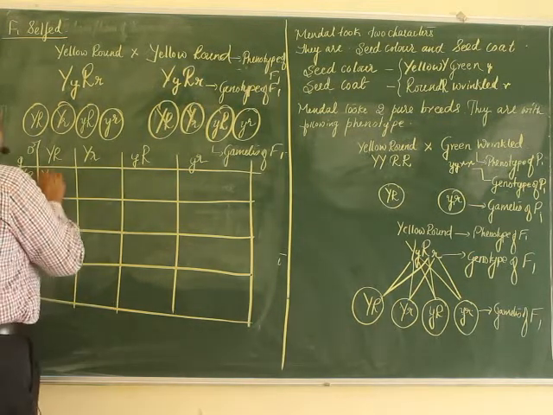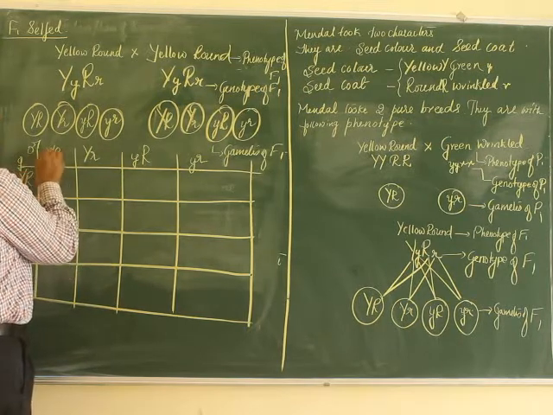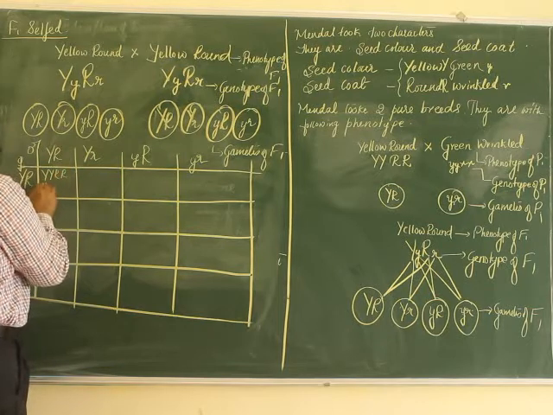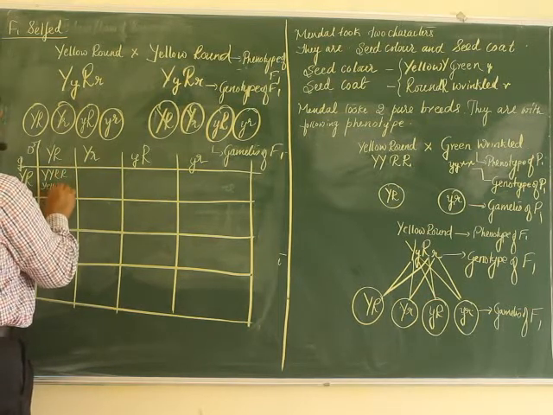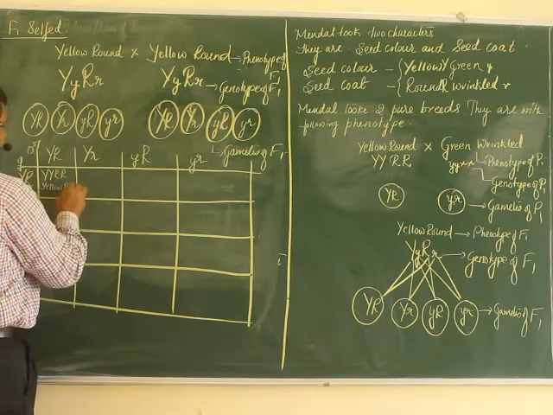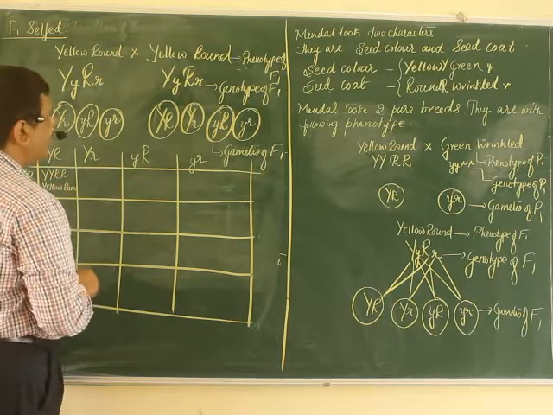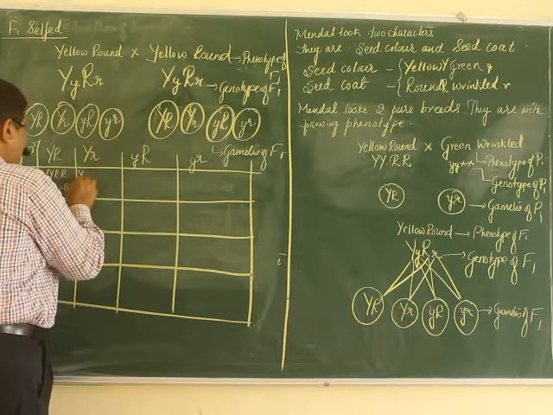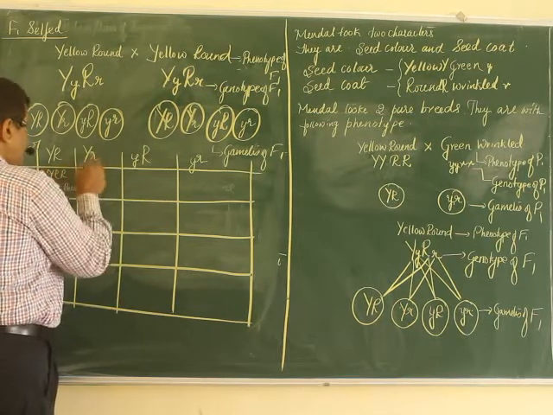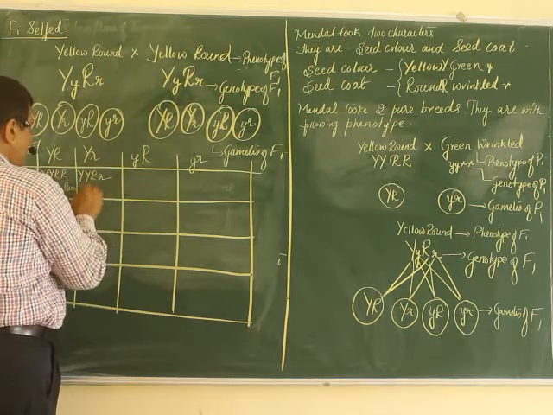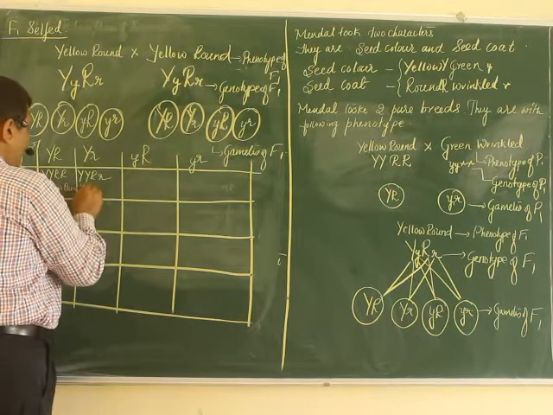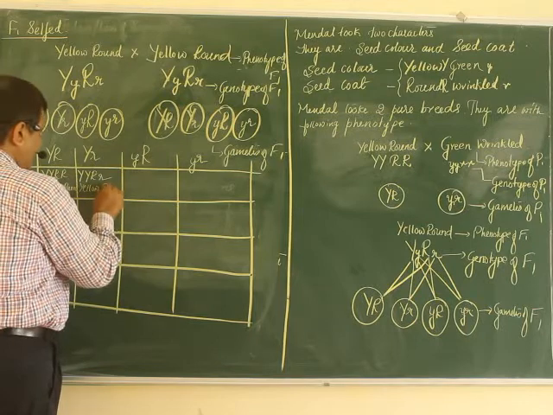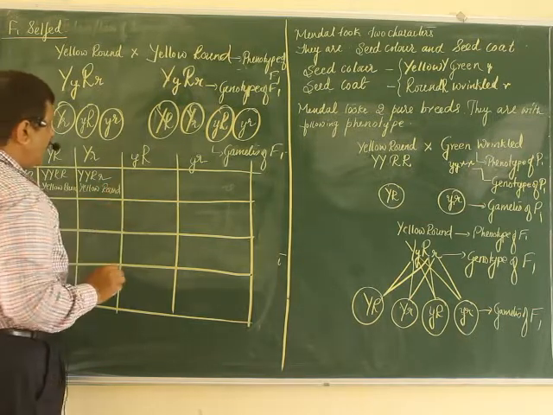So capital Y, capital Y, capital R, capital R: yellow round. Then capital Y, capital Y, capital R, small r: yellow round.